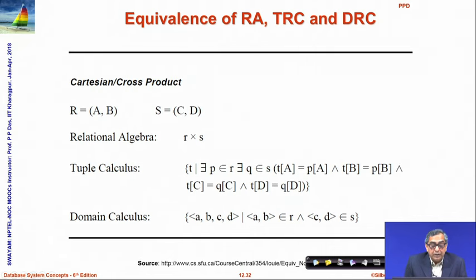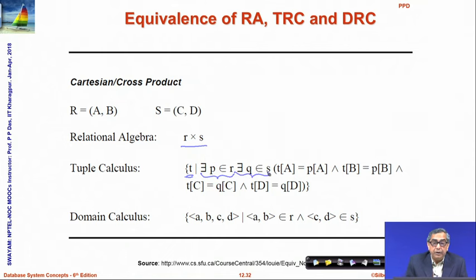Cartesian product is a little bit more involved, because all that you are saying here is, if I have a Cartesian product, then if that product has a tuple T, then there must be a tuple P in the relation R, the left relation.